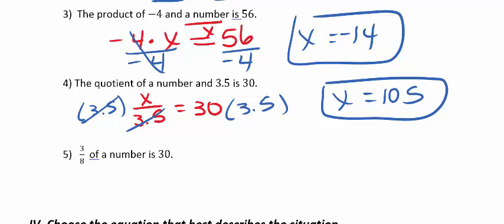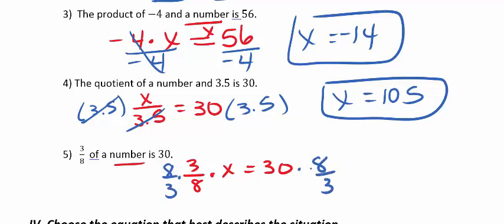In number 5, 3/8 of a number is 30. So 3/8 of means times of a number would be our x equals 30. To solve for x, we're going to multiply by the reciprocal of 3/8, and that's going to be 8/3. So we multiply both sides by 8/3.